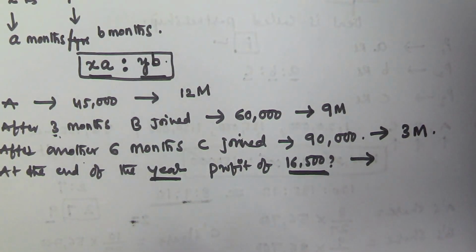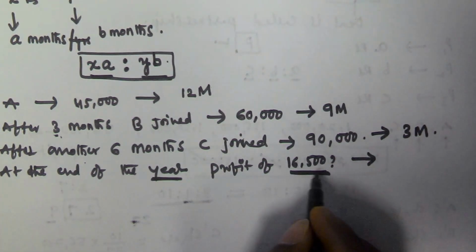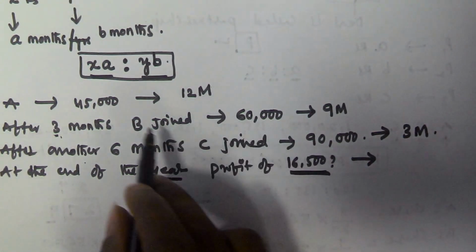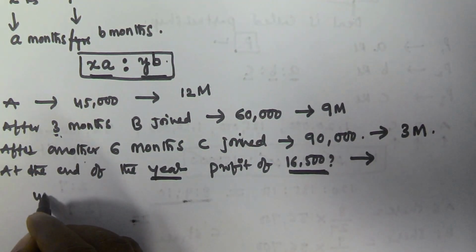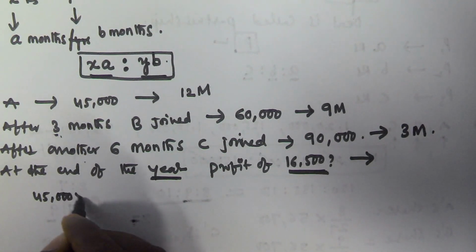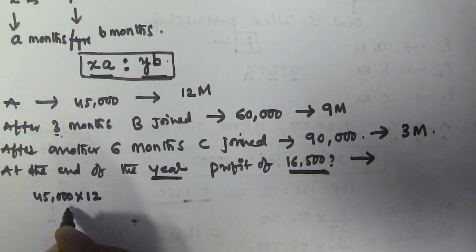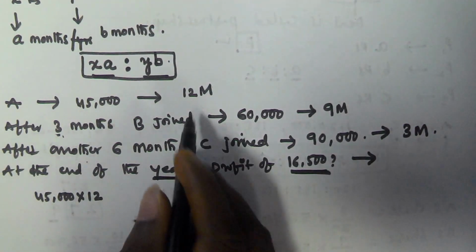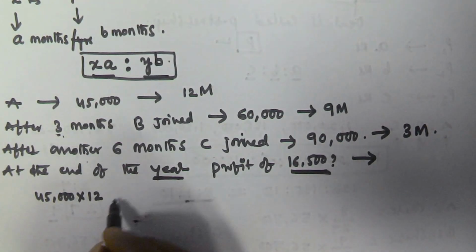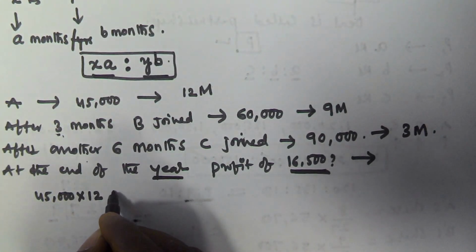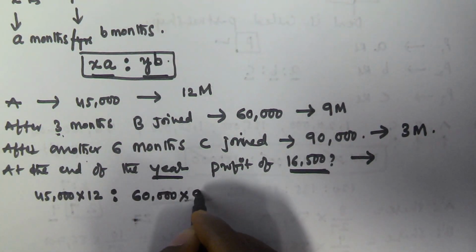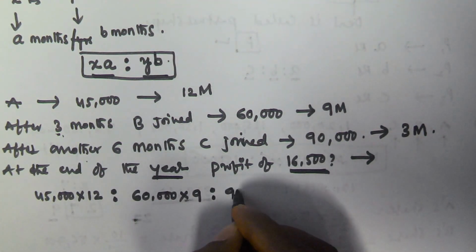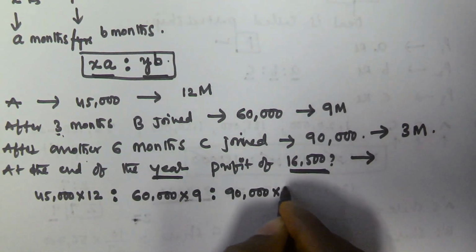Now the profit must be divided between A, B and C in the ratio 45,000 into 12, because the capital A invested must be multiplied by the number of months he invested, then 60,000 into 9, then 90,000 into 3.